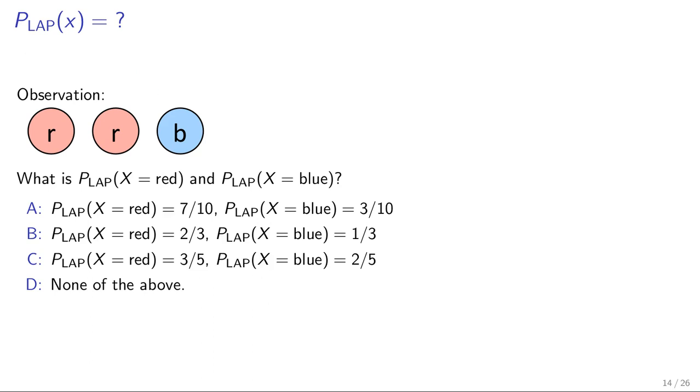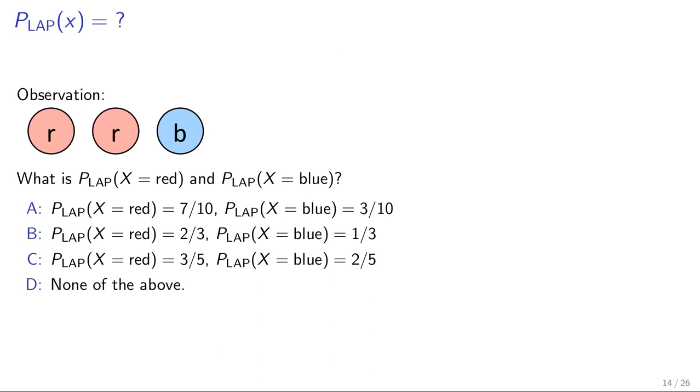Okay, let's first look at a practical example. Imagine there are some fruits or colored balls, and there are two red ones and one blue one. So the probability of X would be something.